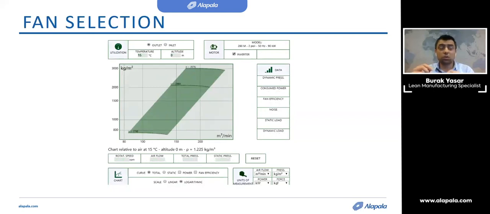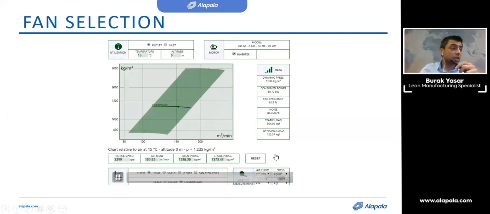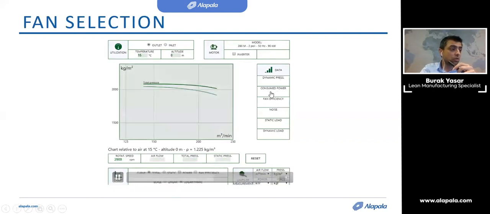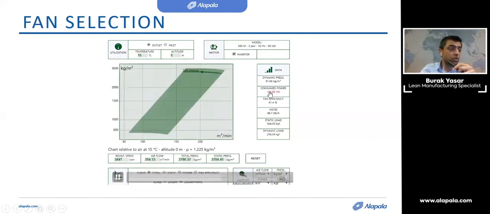You see, I can do whatever I like. I can control my motor, I can control my fan, and when you look at right here, the consumed power changes, you see, based on my selection.